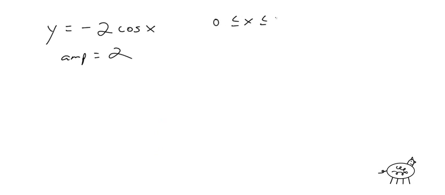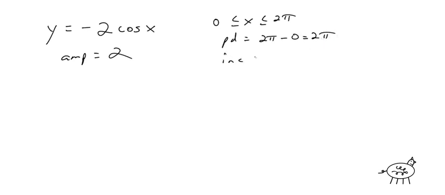All right, so let's try one more here. y equals negative 2 cosine of x. Okay, what's the amplitude? Positive 2. All right, and it's the same thing. x is between 0 and 2 pi. So the period equals 2 pi minus 0, which is 2 pi.